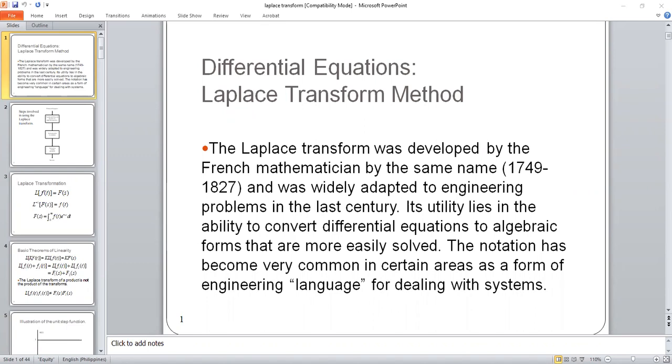It easily handles the solution of higher order DEs primarily because we need not worry about integration and differentiation, because the differential equation is converted into an algebraic equation, as you can see in this flow chart.